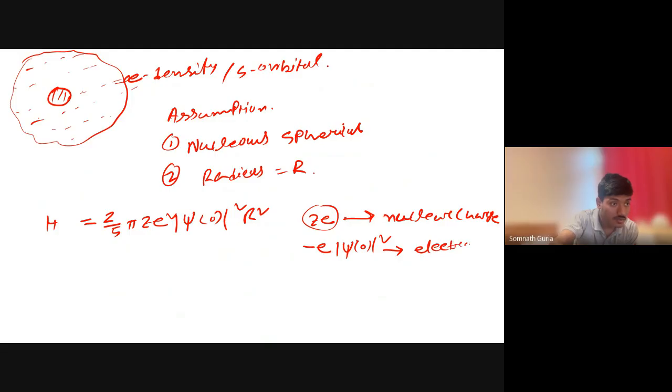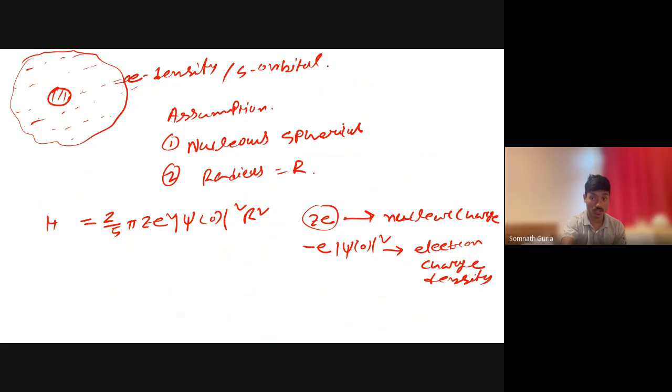As e contains a negative charge, this is only the charge of the electron without sign. It is positive because the proton is there. Z is the number of protons, and e is the charge of the electron.